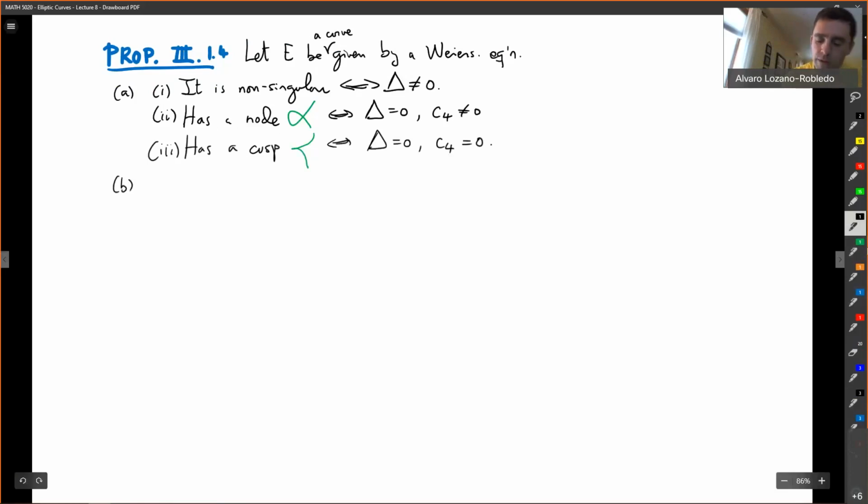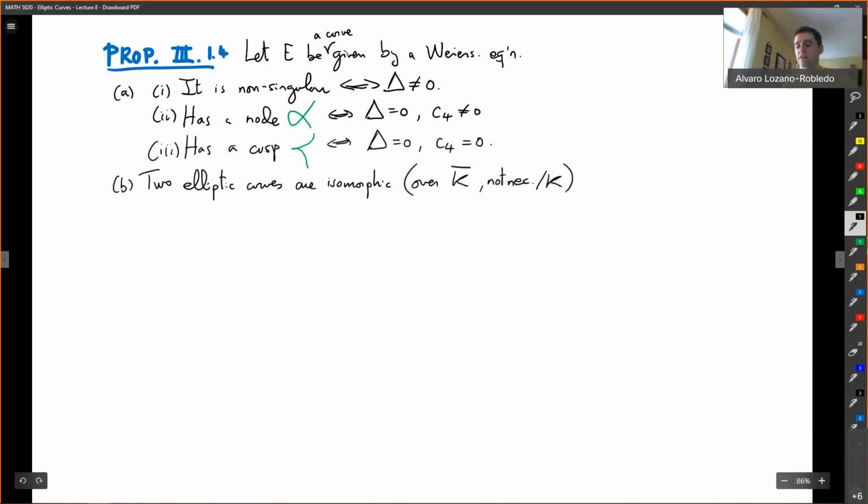So this proposition explains the usefulness of these quantities, delta, C4, and j. The explanation for the j is that two elliptic curves are isomorphic, and this is isomorphic over the algebraic closure, not necessarily over just K, so the isomorphism might be a little bit above the field of definition of both, if and only if they have the same j-invariant.